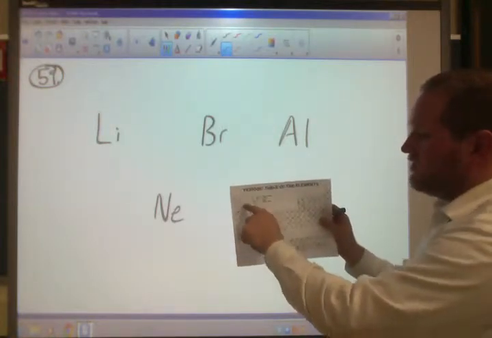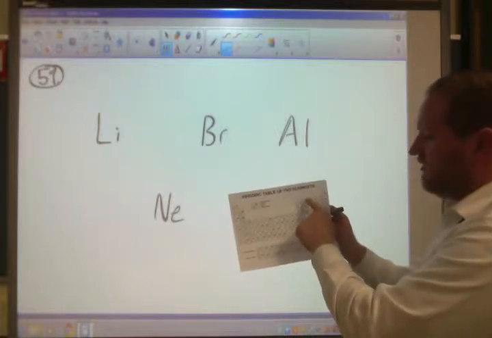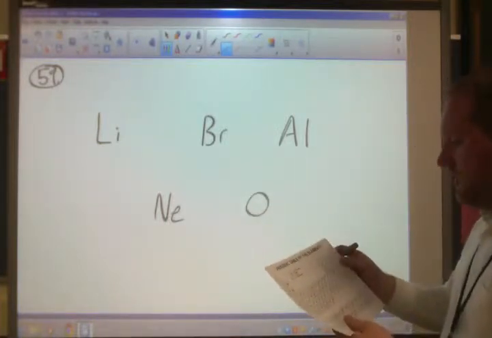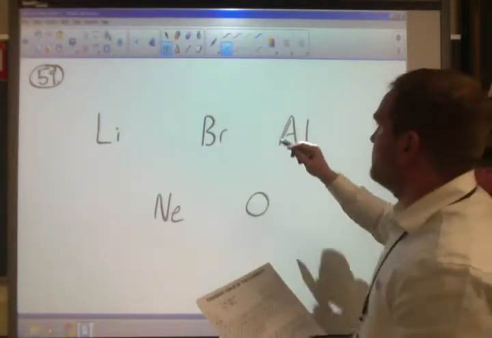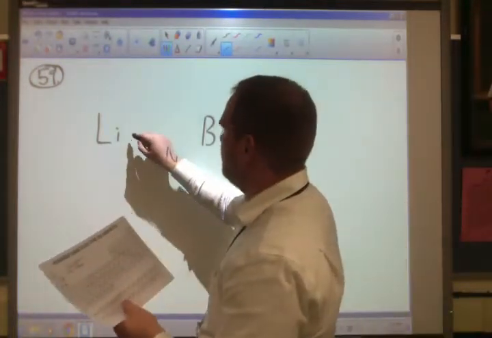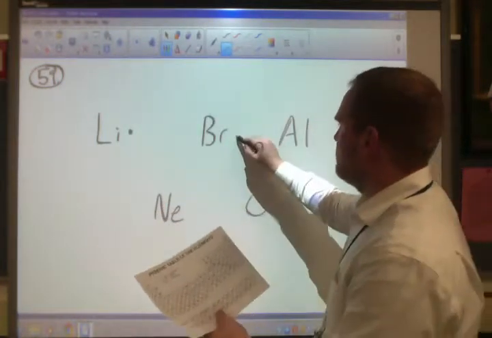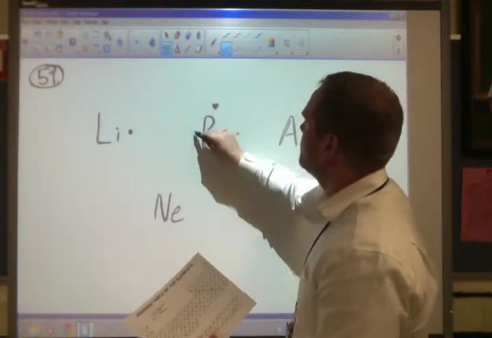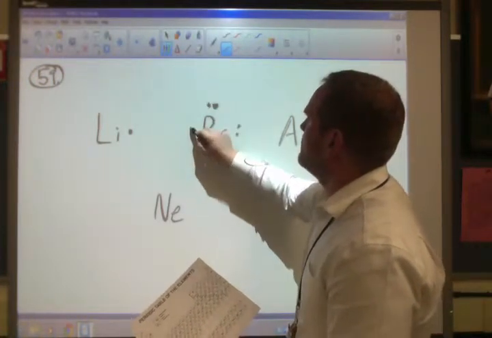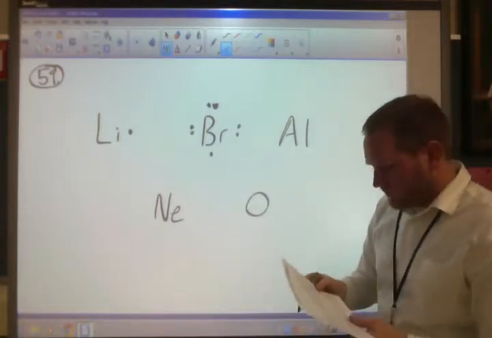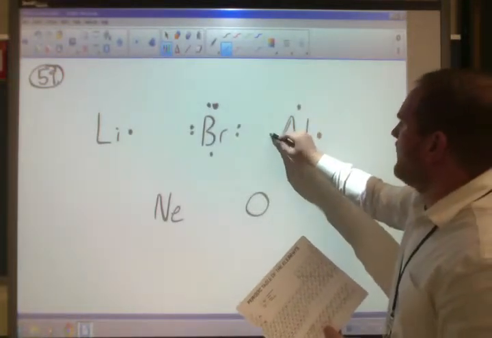So this is 1A, 2A, skip all the way to this, and then 3A, 4A, 5A, and so on. That number in front of the A is how many valence electrons. So lithium has 1 valence electron, so it gets 1 dot. Bromine has 7 valence electrons, so we go 1, 2, 3, 4, 5, 6, 7. Aluminum, 3 valence electrons, because it's in group 3A.